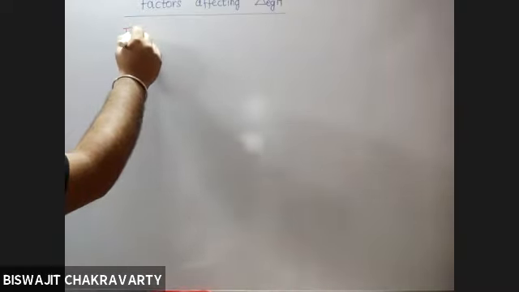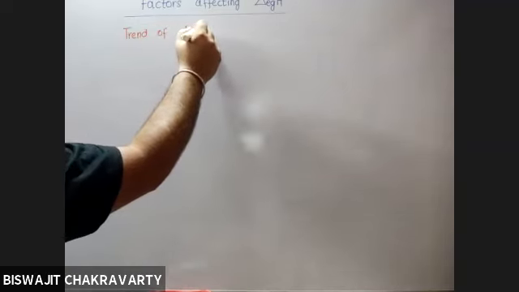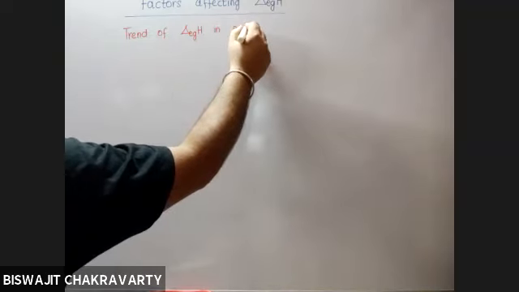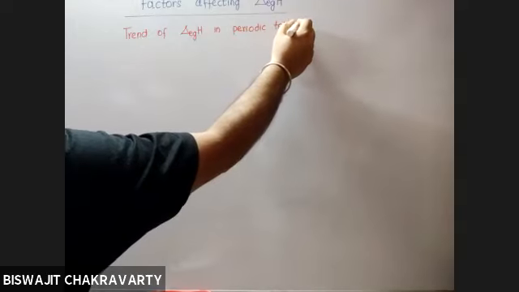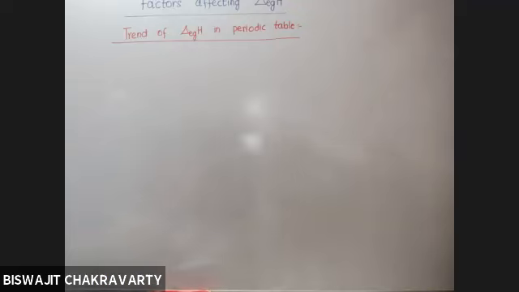So, trend of delta EGH in the periodic table. How does the electron gain enthalpy property change down the group and along a period?